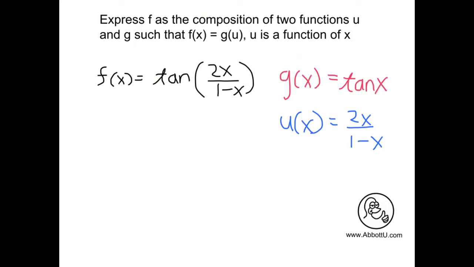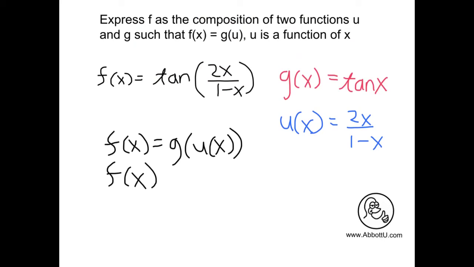And then if you want to do that kind of step-by-step proof, you could say f of x equals g of u of x. And then the next move would be f of x equals g of what? Well, u of x, but what is u of x? u of x is 2x all over 1 minus x.